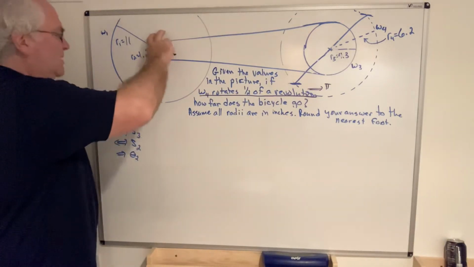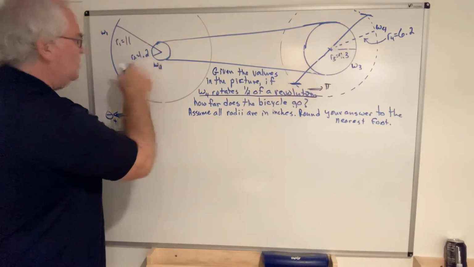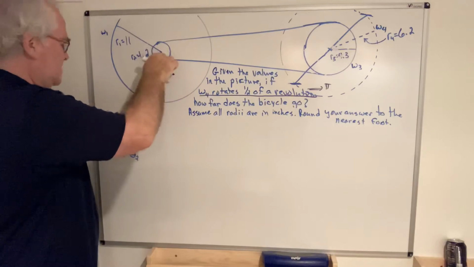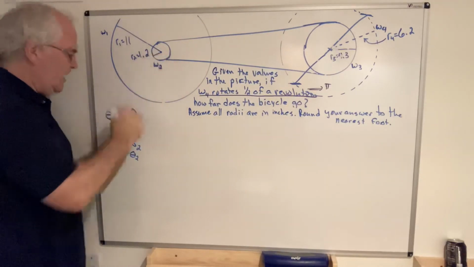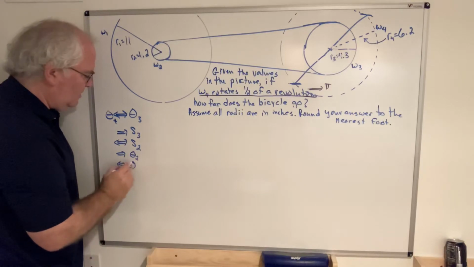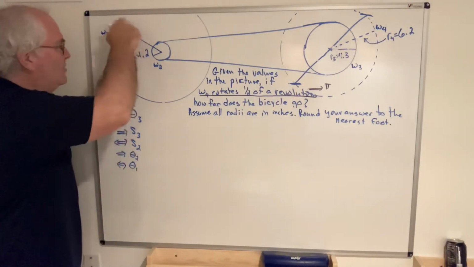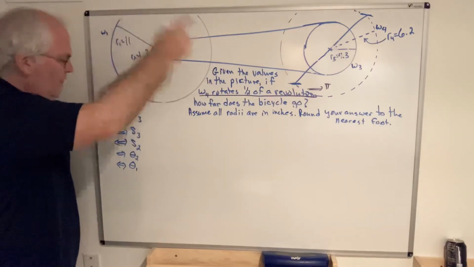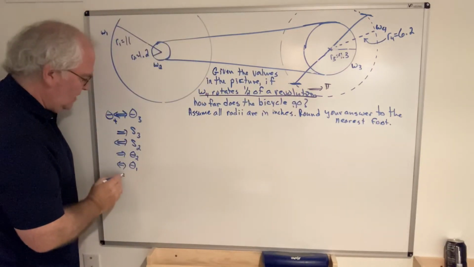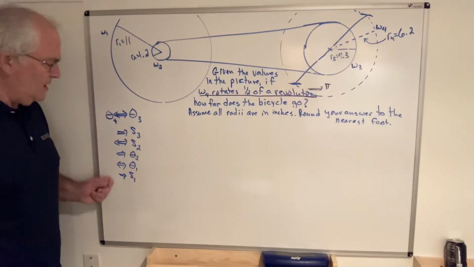But circle number 2 and circle number 1, wheel 2, I'm calling it, wheel 2 and wheel 1, they're fixed with the same center. So the angles translate. So that angle is the same as the angle theta 1. And if we know the angle through which this large outside drive wheel rotates, we can use it to compute the arc length, and that's what we're looking for. So that's going to be our structure.